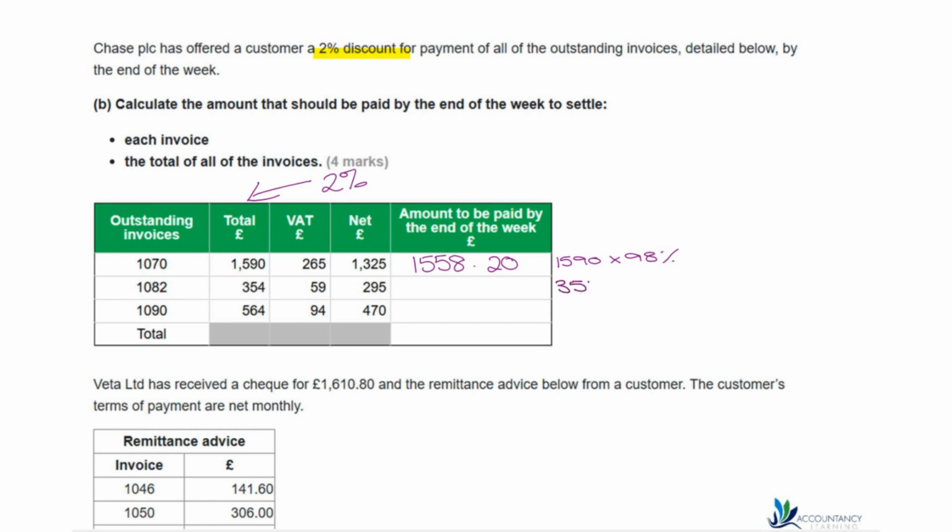We're then going to do 354 times 98% to give us £346.92, and finally 564 times 98% to give us £552.72. Now we need to work out the total, so we can add all of these together to give us £2,457.84.